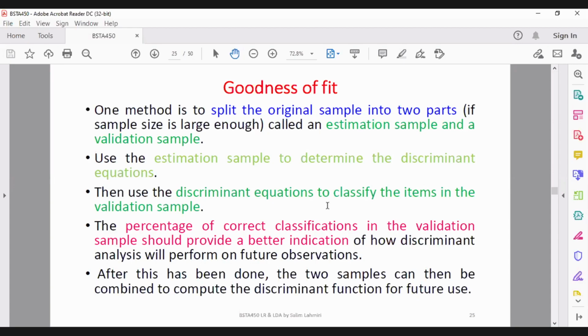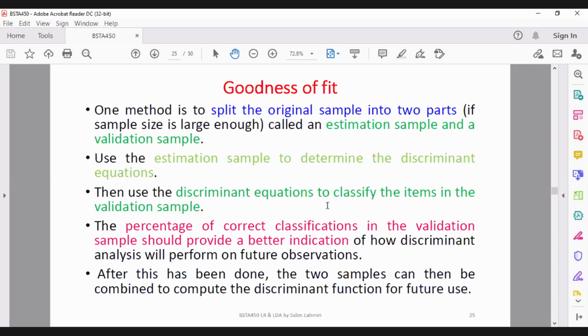So the percentage of correct classifications in the validation sample, where the training sample is used to estimate the B's and the validation sample is used to check whether estimated B's yield results which are close to reality or not, should provide a better indication of how well discriminant analysis will perform on future observations.